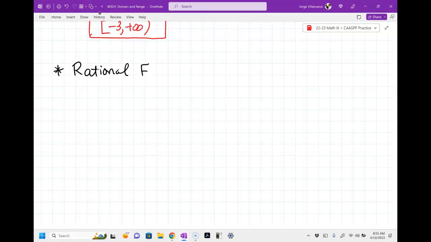So rational functions. Now the nice thing about rational functions, at least from what they're going to have you guys do, is all that matters is the domain for these. Okay, so we're going to put right here domain only.